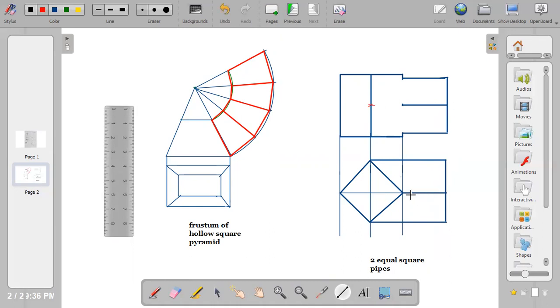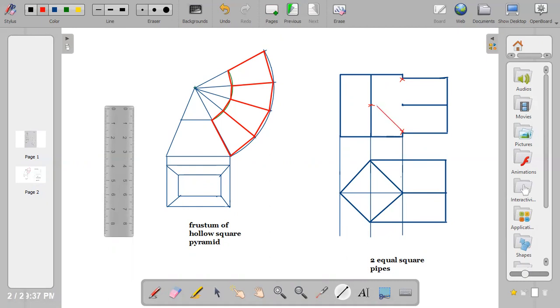Then when you also project this point up, it will intersect here. In my next video, I'll be showing some examples of interpenetration, so you can follow me up so that you get a clearer understanding of the intersection of solids.